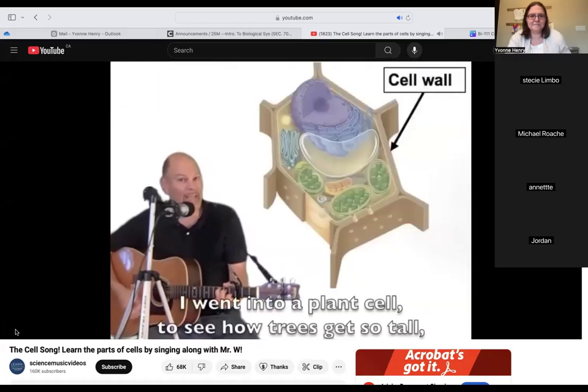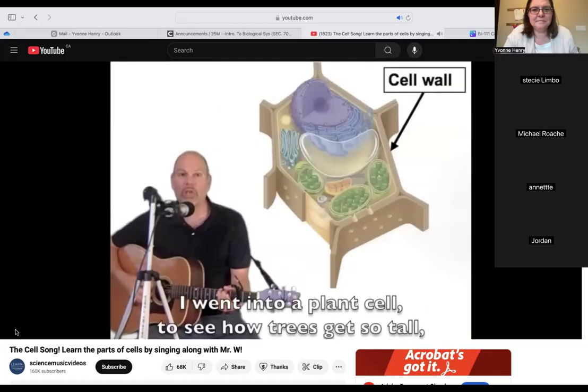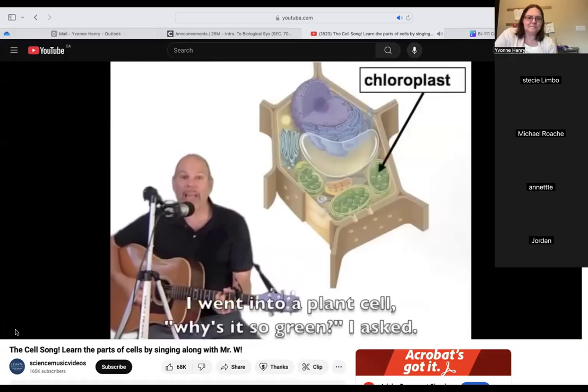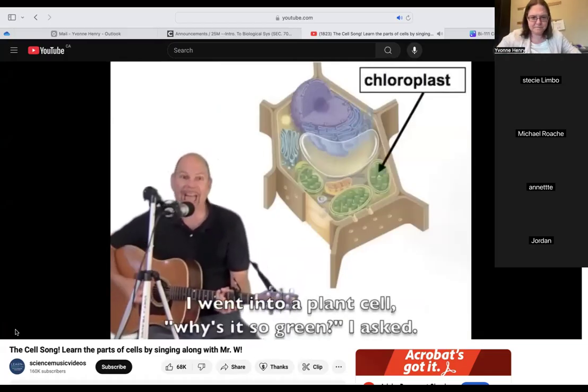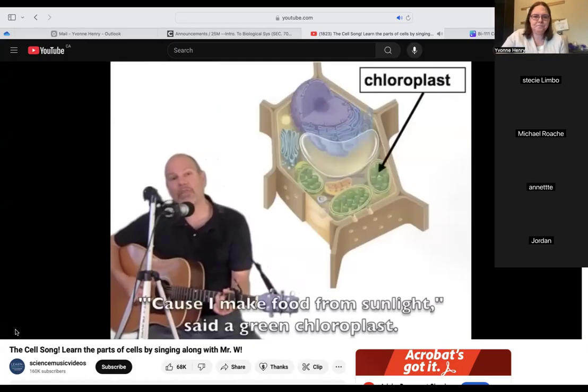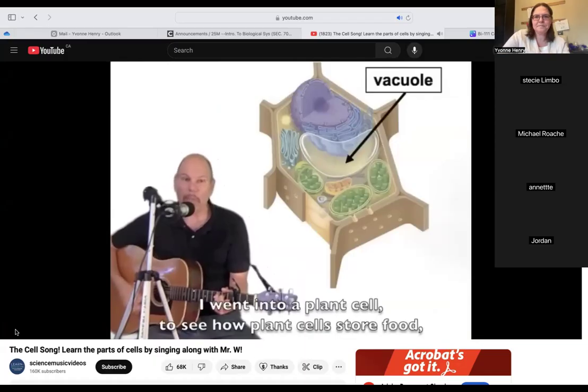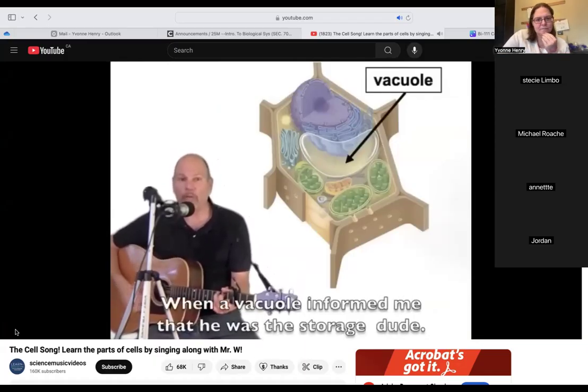I went into a plant cell to see how trees get so tall, and all around the outside was a rigid cell wall. I went into a plant cell. Why is it so green? I asked. Cause I make food from sunlight, said a green chloroplast. I went into a plant cell to see how plant cells store food. When a vacuole informed me that he was the storage.